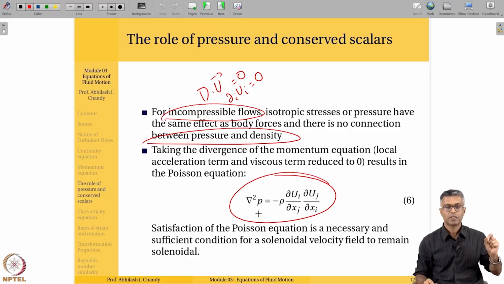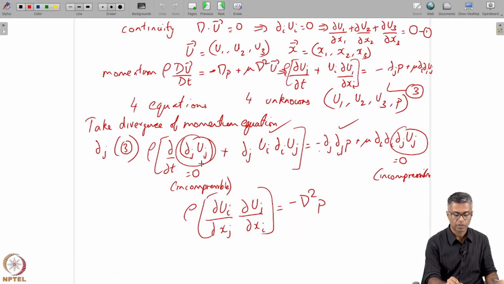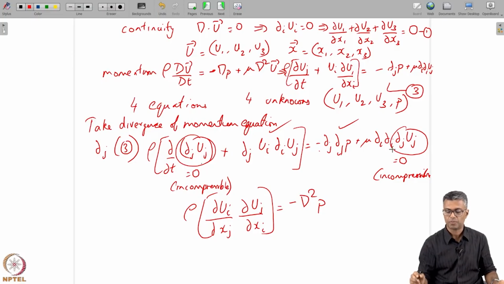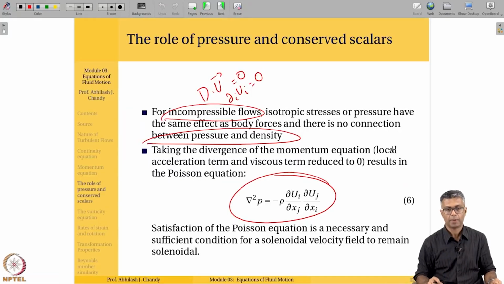So you took the divergence of the momentum equation, and what happened when you took the divergence? The local acceleration term and the viscous term reduced to zero because of the incompressibility assumption. And then you are left with the nonlinear term and the pressure term. That is essentially what you end up getting.